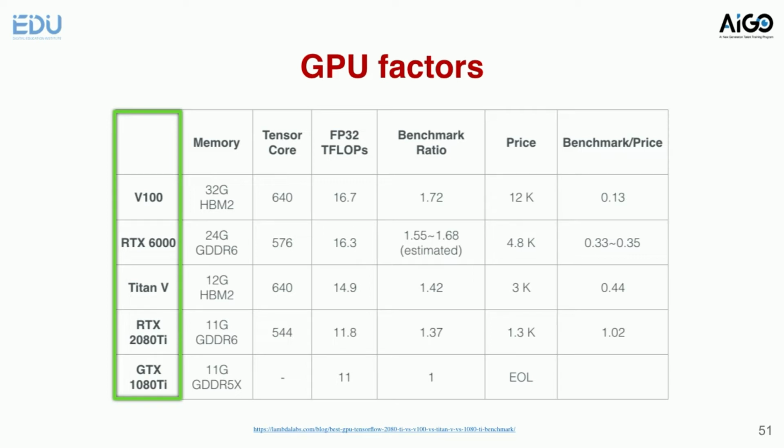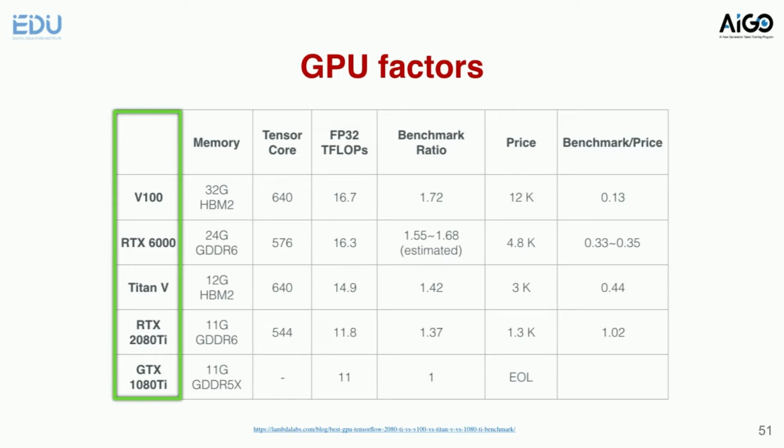The RTX 6000 is also a very high-level GPU card. But the difference is that the RTX 6000's price is half the V100's. So it's very, very cost effective. And the Titan V is mid-class. And the RTX 2080 Ti is the top-level gaming card. And the last, the GTX 1080 Ti, can be used as the baseline of the benchmark, although it is end of life in the market.